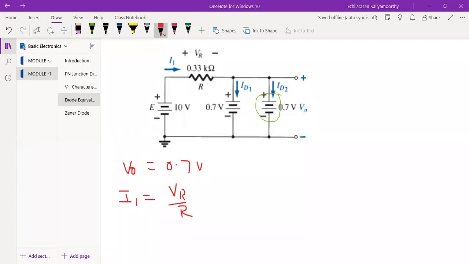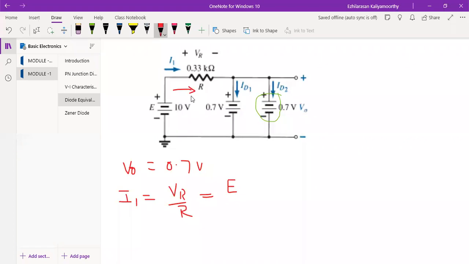So what is VR actually? VR is nothing but the voltage in this loop. I'm going to calculate this loop only.